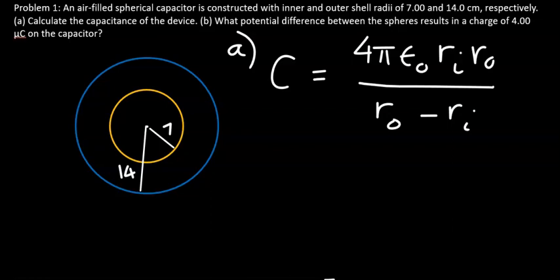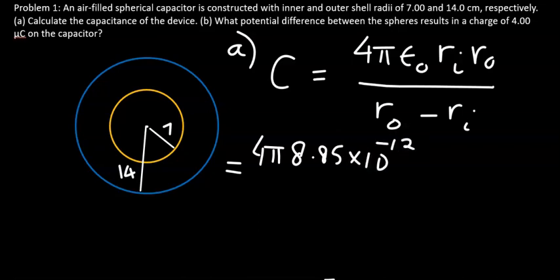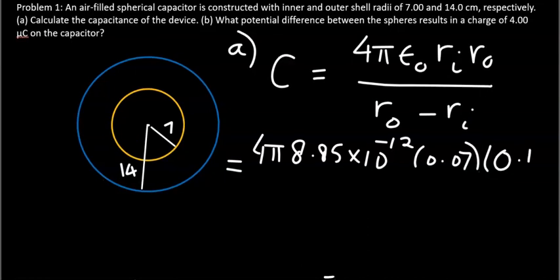So substituting the information that we have inside this equation, we have 4 pi epsilon naught, where epsilon naught is permittivity of vacuum, 8.85 times 10 to the power minus 12 in SI units. The inner radius is 7 centimeters, so it's 0.07 meter. The outer radius is 14 centimeters, so it's 0.14 meter.